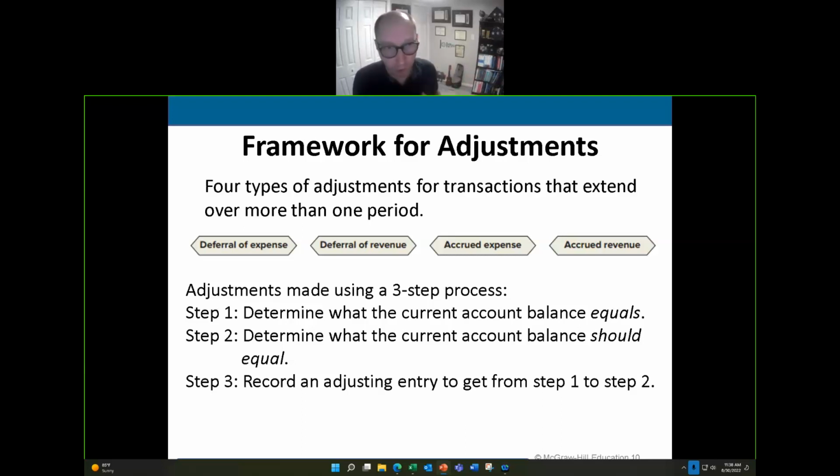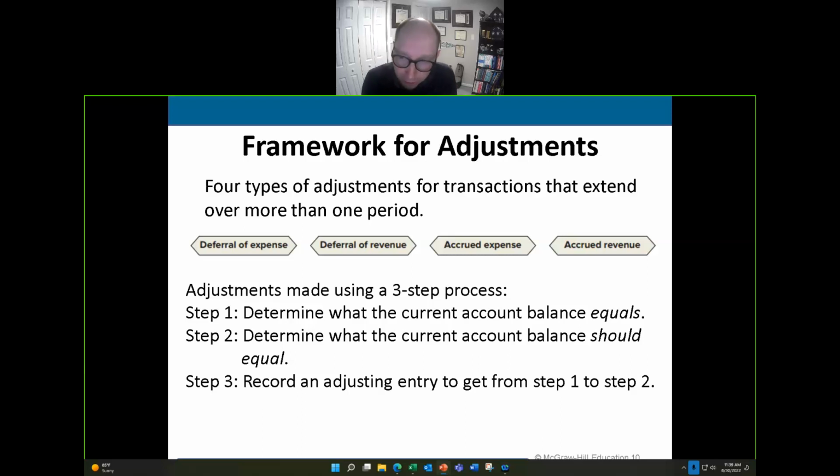So there's really four different kinds. Deferral of expense, deferral of revenue. Accrual of expense, accrual of revenue. And there's a process that we follow to make adjustments for these deferrals and accruals. We call these adjusting entries. Okay.